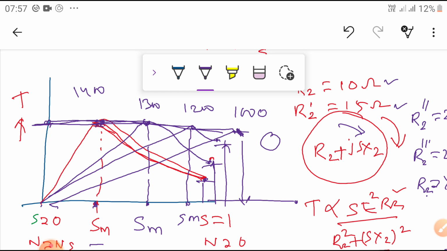That's why. So what is the starting torque? That is the pickup. Dear students, please remember this.